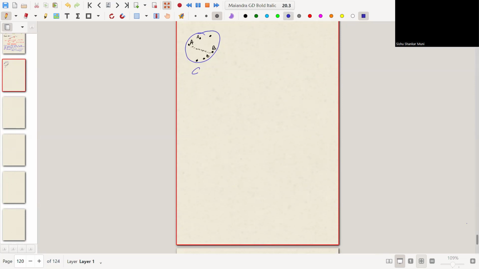So what is not a convex set? So you know this is a convex set. What is not a convex set? Do you think this is a convex set?